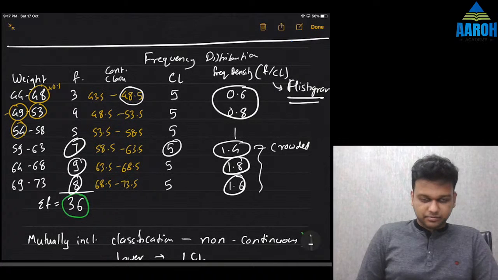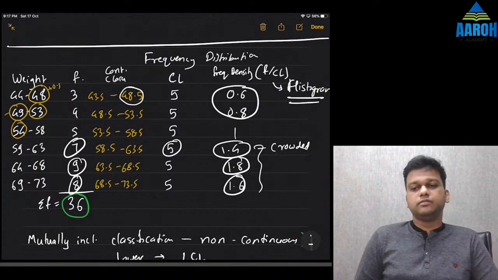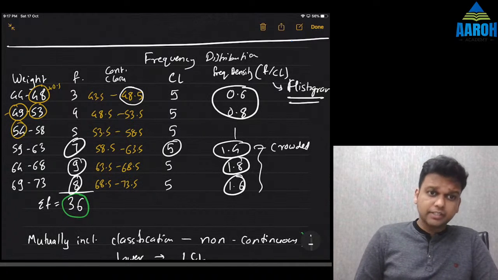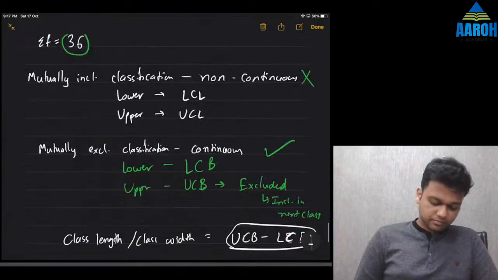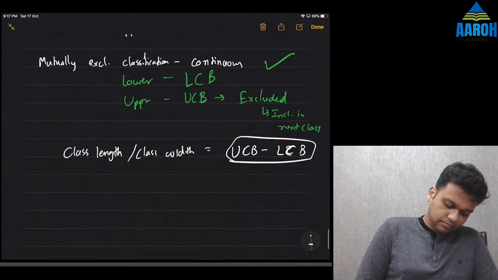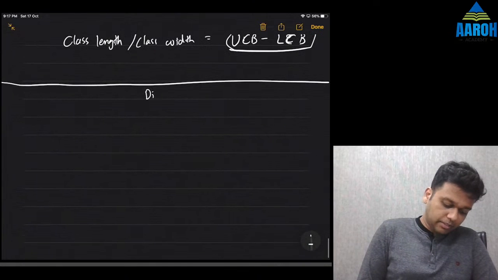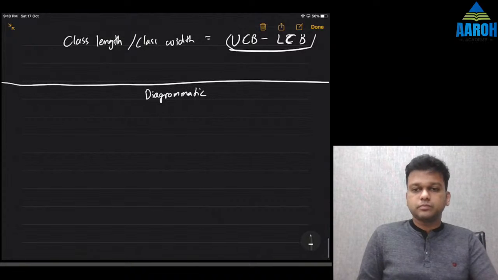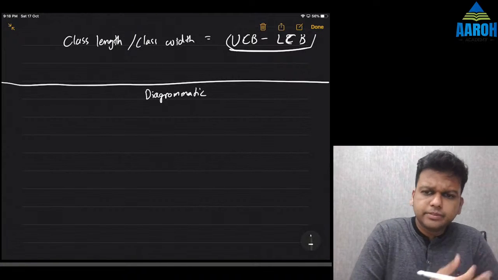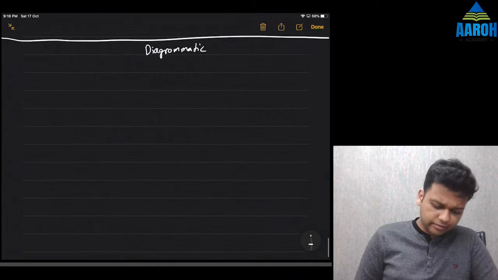Okay. Assuming everyone is done, let's go to diagrammatic presentation. This is again important from MCQ point of view, also theory point of view a bit.